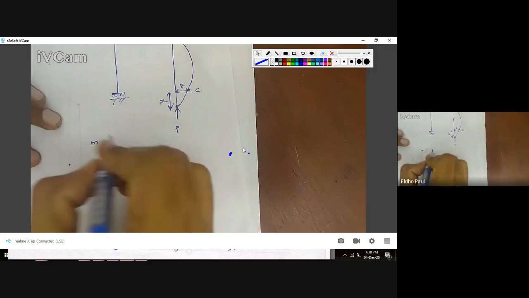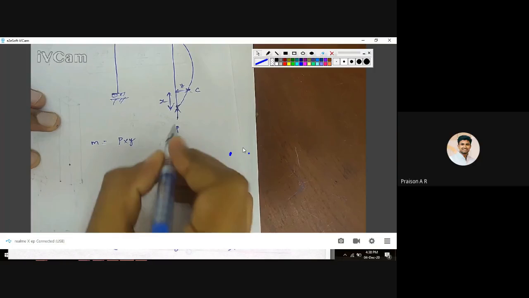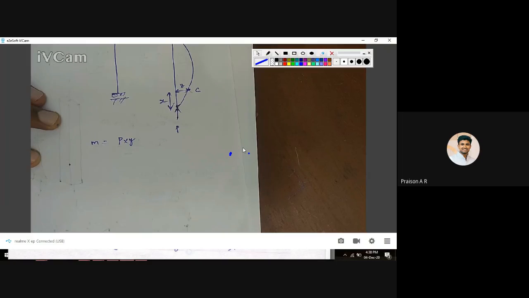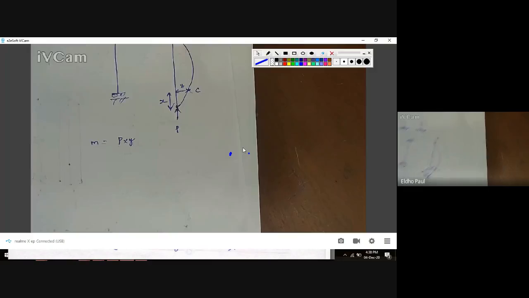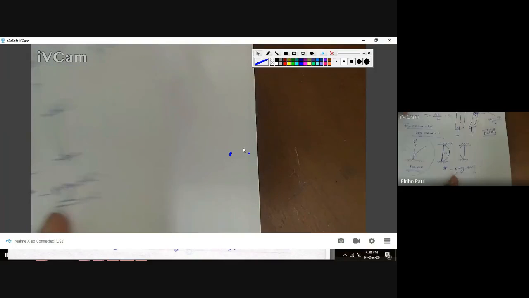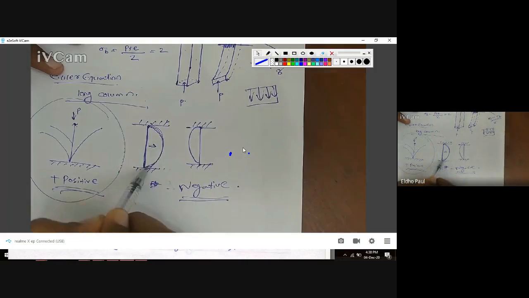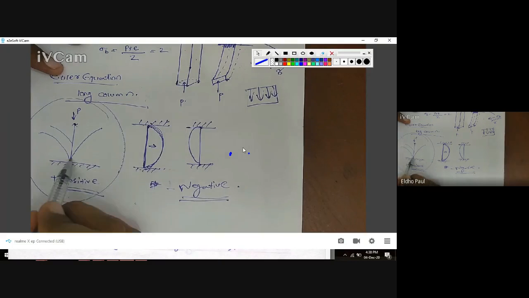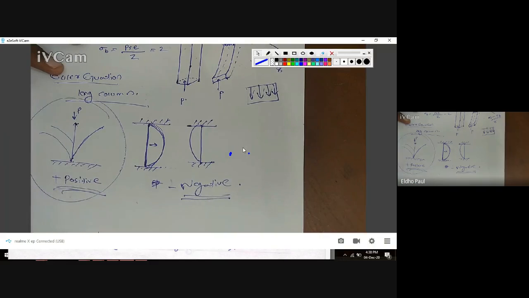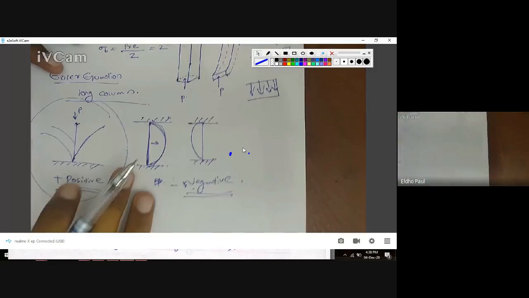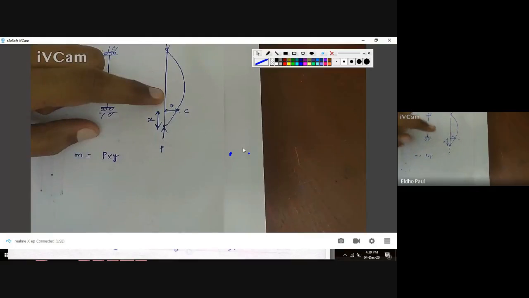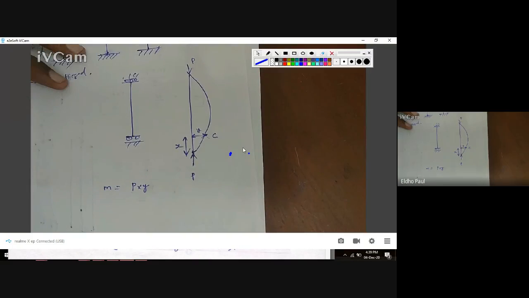P into Y, force into perpendicular distance. But according to our sign convention, if the column buckles like this, we have to take positive moment. If it is buckled like this, here it is negative moment. When we compare the figure, it is a negative type of sign convention. So here we put negative, minus Py.